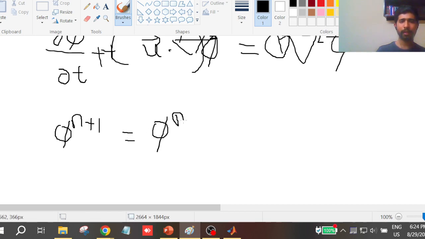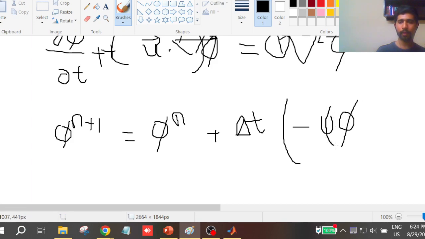I can just write phi n plus 1 is equal to phi n plus delta t into minus of, if I do the finite volume integral of this, what I'll get is u into phi at east minus u into phi at west.